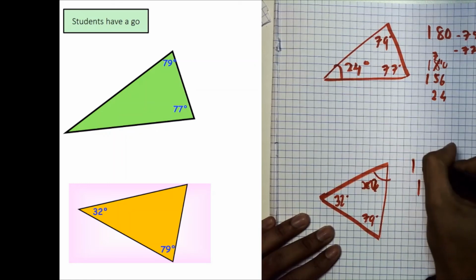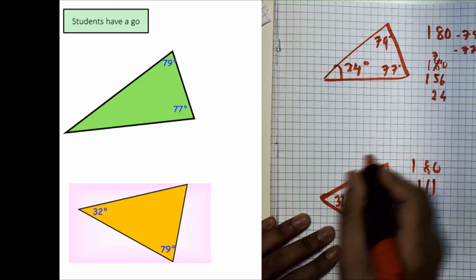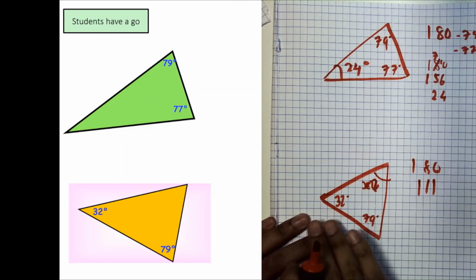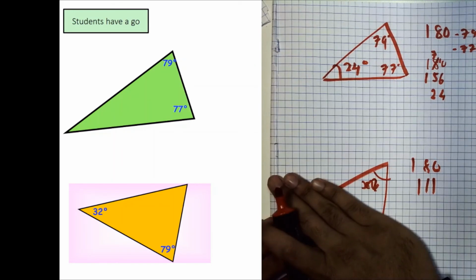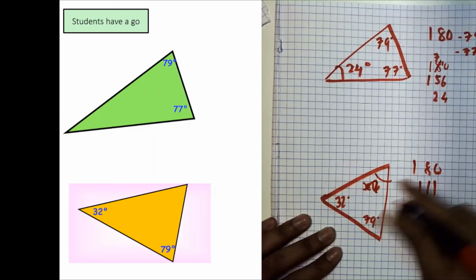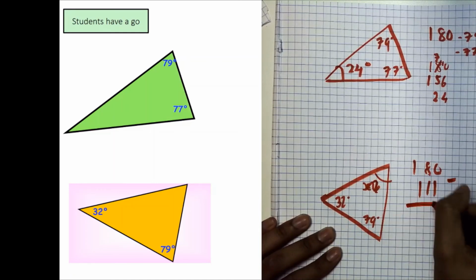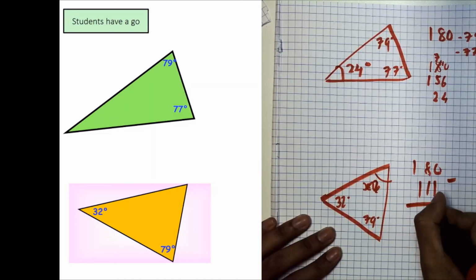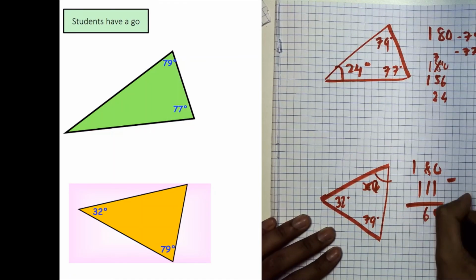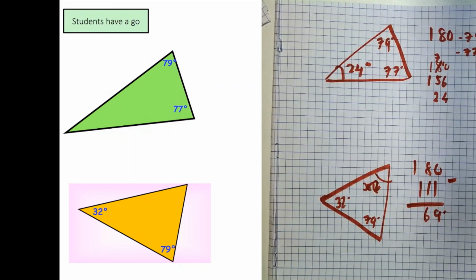We know that the total of all three angles is 180. Two of them are going to be 111 together, aren't they? So if we subtract that 111 away, we should end up with 69. Okay, so 69 degrees is what you should have gotten for this angle over here.